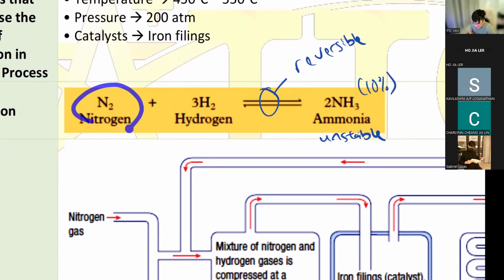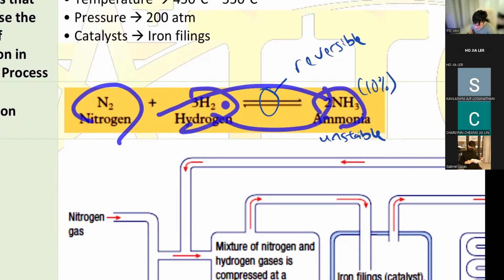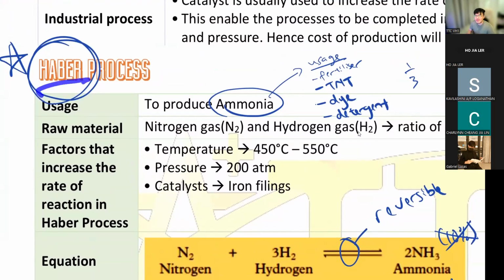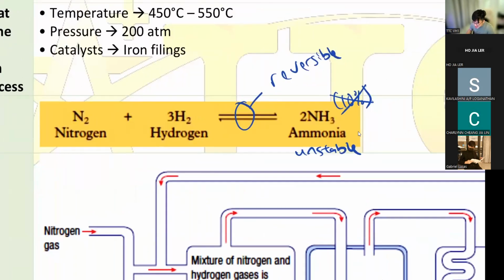You mix these two, you get 100% ammonia, 90% go back, you only get 10%. Is this a good business? You only sell 10% of your nasi lemak today. Is this good business? No. That's why this thing sucks. Until Haber said, I found a way. Haber said, you know what, guys? I can make sure instead of getting 10, I can make you get 90.